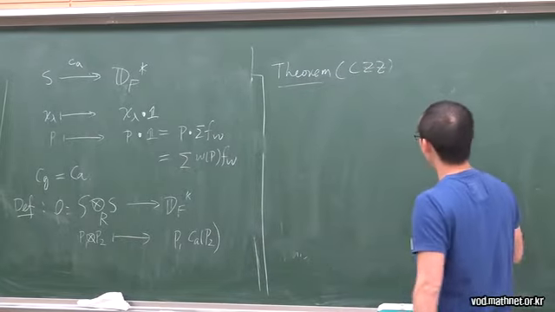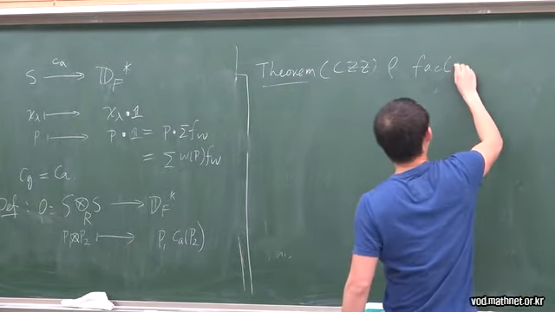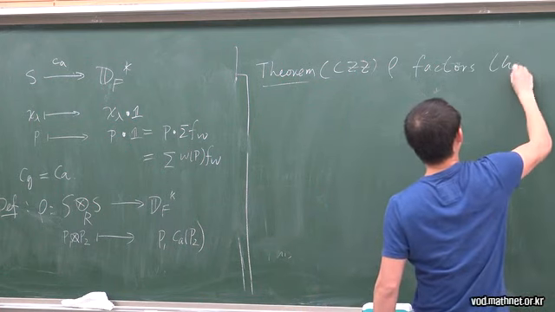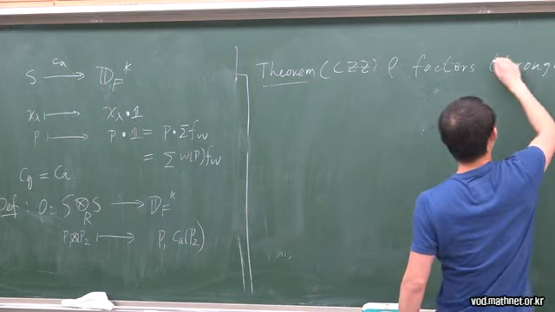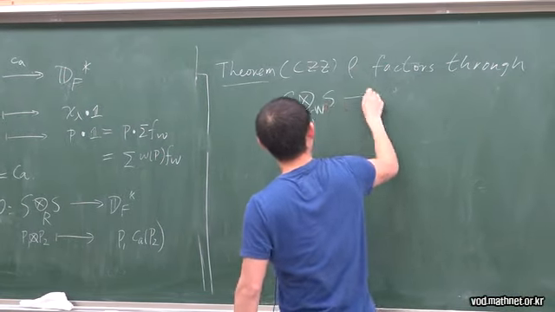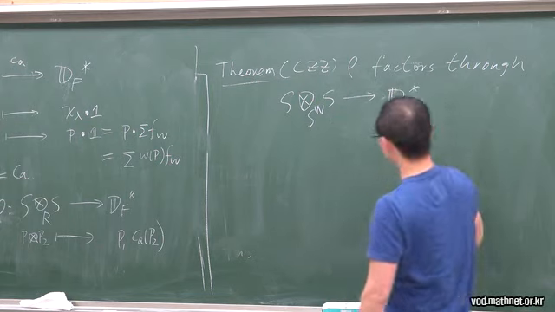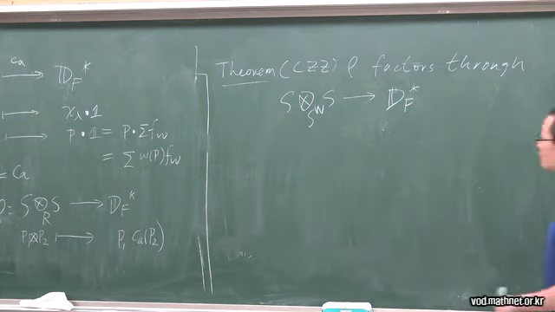Then the theorem says that rho factors through a map from S tensor S. So this tensor can be over S^W invariant. Why is that?